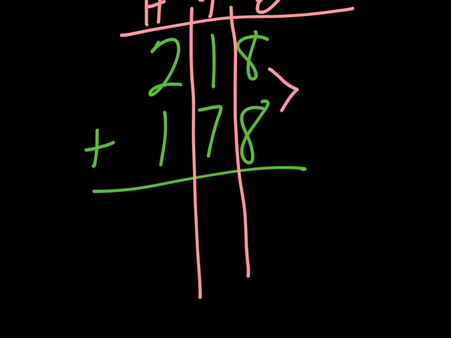So I have 8 plus 8, which I know is 16. So I'm going to have to regroup because that's bigger than 9. So I lay my 6 down. I regroup my 10 ones as a 10. Then I have 7, 8, 9. 9 I can write down, and I don't need to regroup. And then I move over to the hundreds, and I do 2 plus 1, which is 3. My answer is 396.